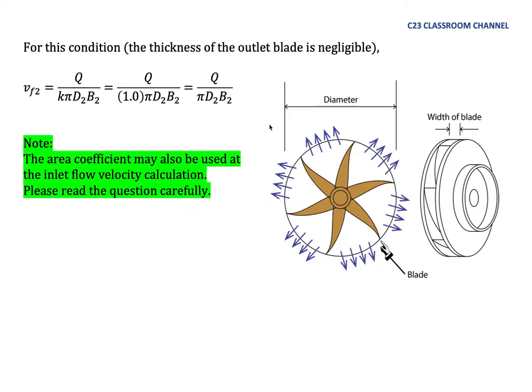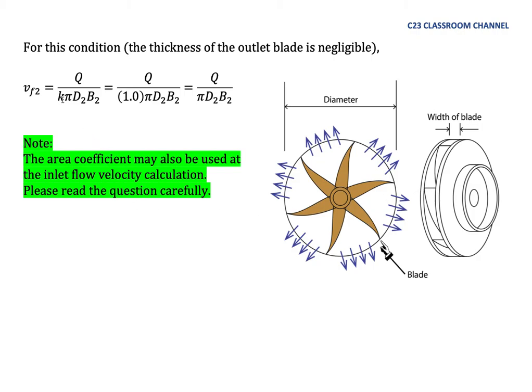And then if we go to a situation where the thickness of the blade at the outlet is very, very thin, we could use the same equation, Vf2 equals Q over pi d2 b2, and here K is equal to 1.0 or 100%, because 100% of the area will flow water.